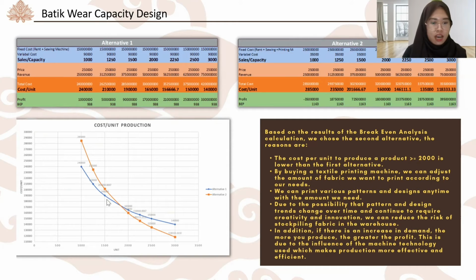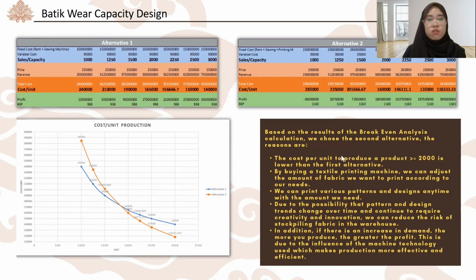as we can see here, if we produce fewer than 2,000 products, it's better if we choose alternative one. But if we produce more than 2,000 products, it's better if we choose alternative two.